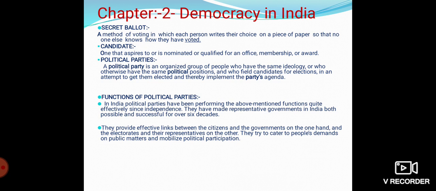So each party tries to persuade people by claiming their policies are better than those of other parties. In a broader perspective, a political party is a means via which the people can speak to government and have a say in the governance of any country. So every political party must have three key components: leaders, active members, and followers.